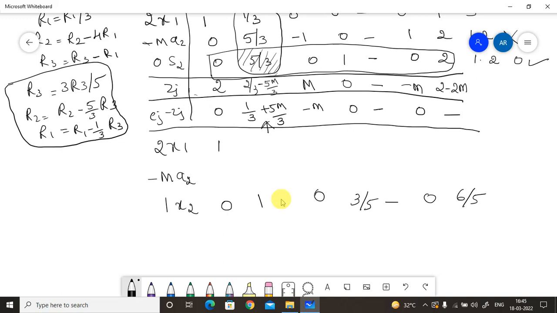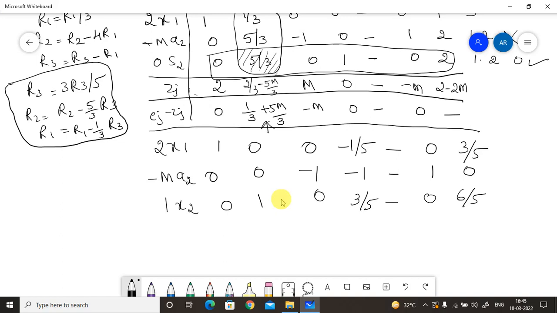Similarly, now we'll go for the first row, that's 2x1, that becomes 1, and by applying the formula for R1, that's R1 minus 1 by 3 into R3, that will give me 0 here, and this will also become 0, minus 1 by 5, and this we are not going to compute, and this becomes 0 and 3 by 5. And minus M, this becomes R2 minus 5 by 3 into R3, so the values will be 0, 0, minus 1, this becomes minus 1. And this we are not going to compute, this is 1, and this becomes 0.